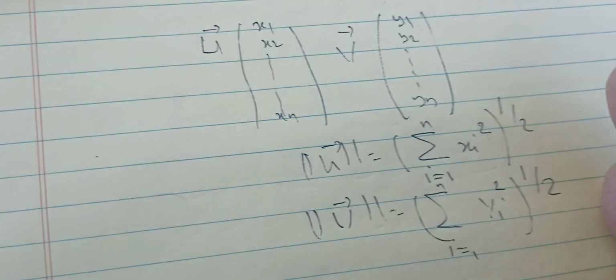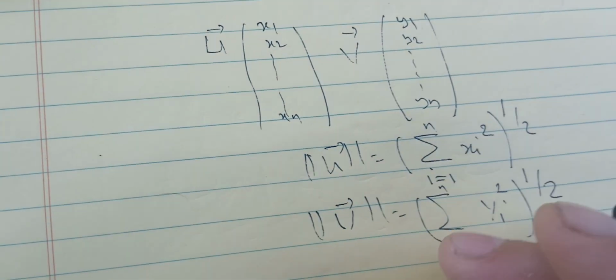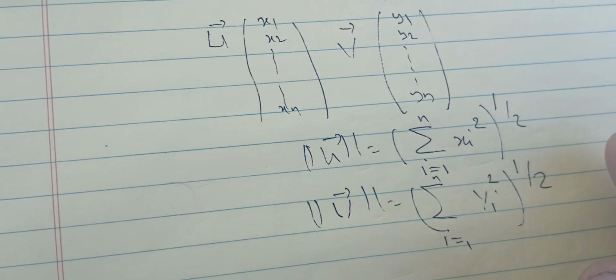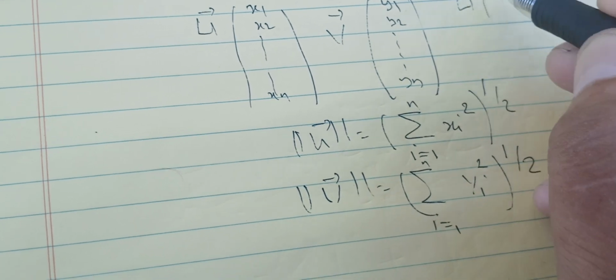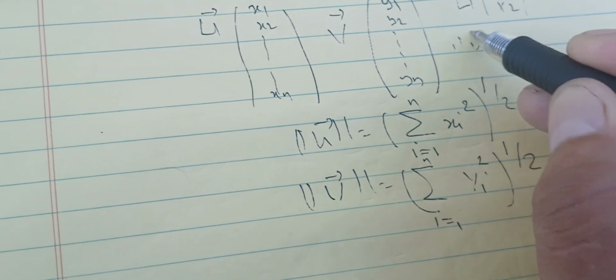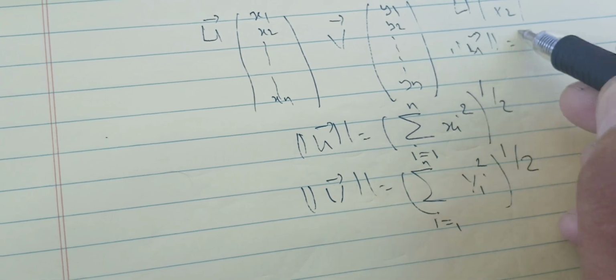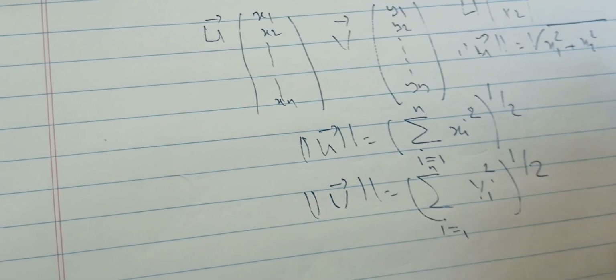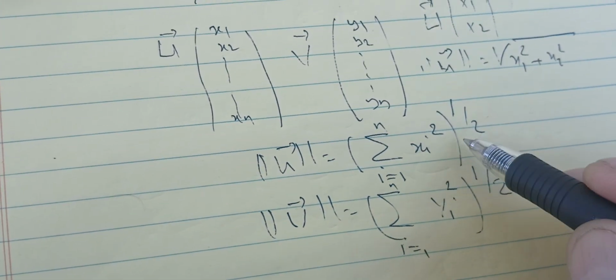We have given examples when working in R2. If u has components x1 and x2, the norm or length of u is the square root of x1 squared plus x2 squared. It's the same thing here.